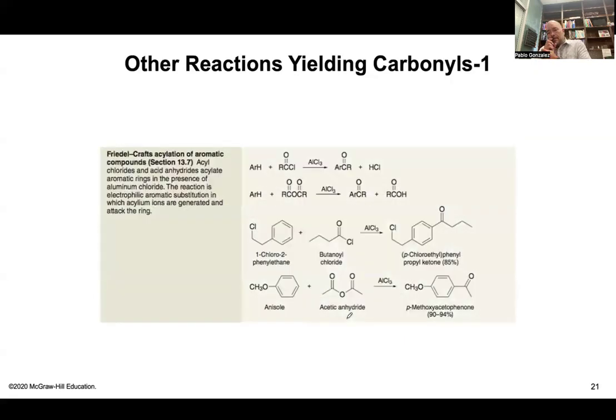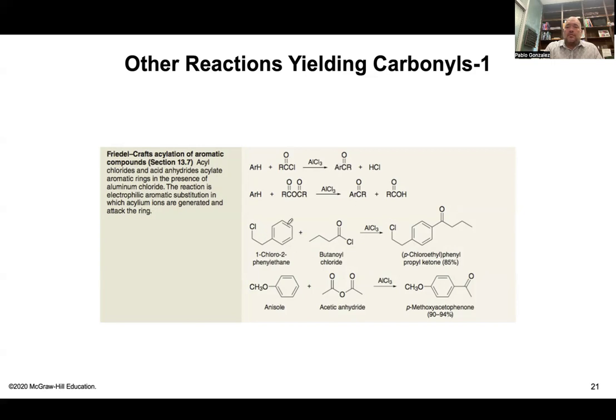We also can do Friedel-Crafts acylations of aromatic compounds. In here, we have the aromatic ring in the presence of this acyl halide. Then we can add this group to the aromatic ring to produce the ketone attached to that aromatic ring, okay?